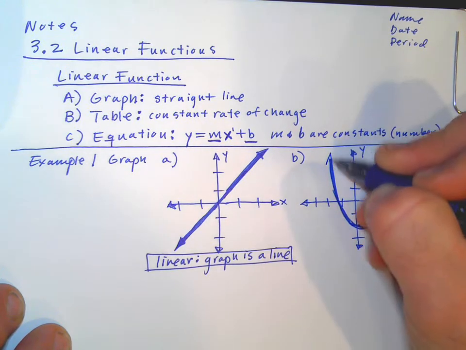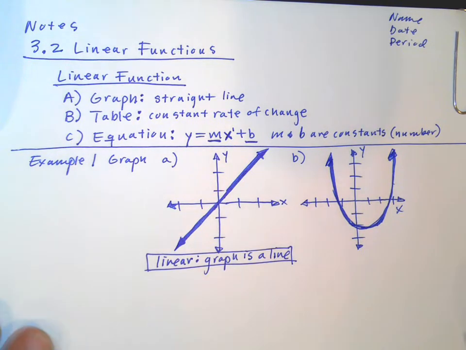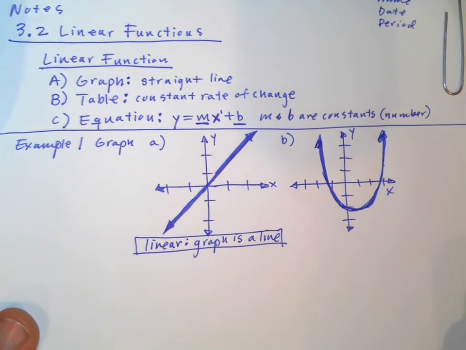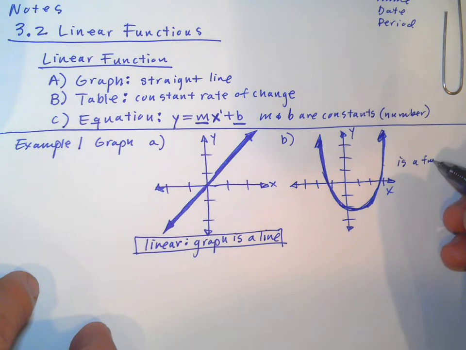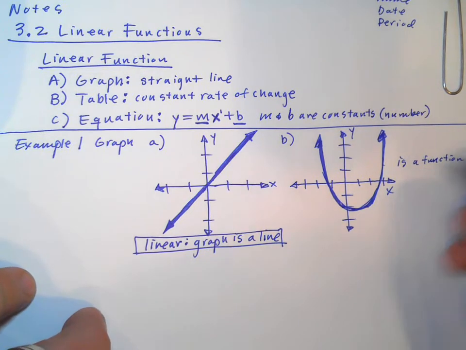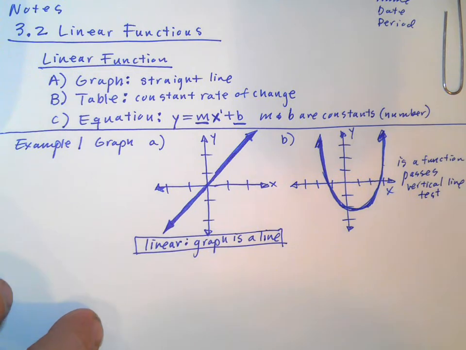Now this is a function. It passes the vertical line test that we talked about last time. Okay, so that's what we learned before, but just because it's a function doesn't mean it's a linear function. It is not a linear function.